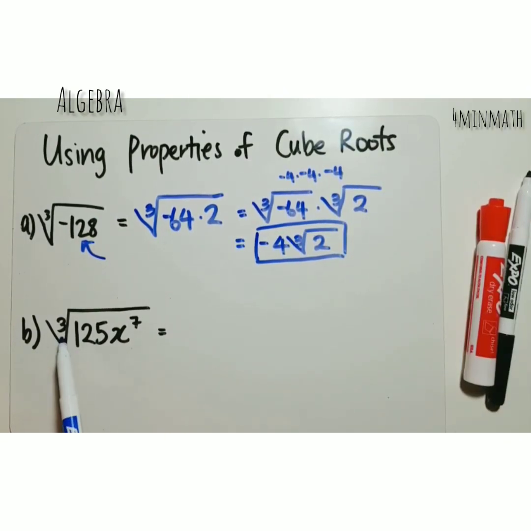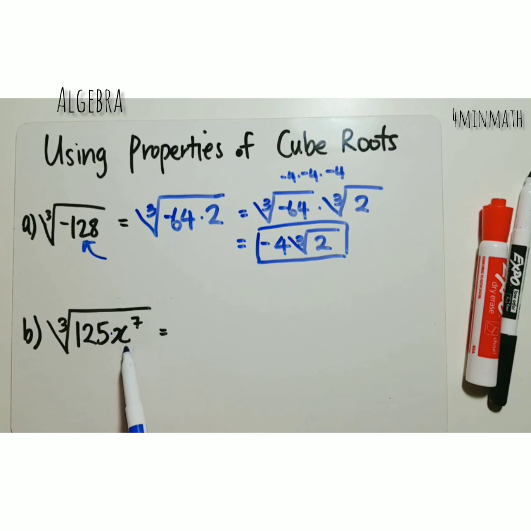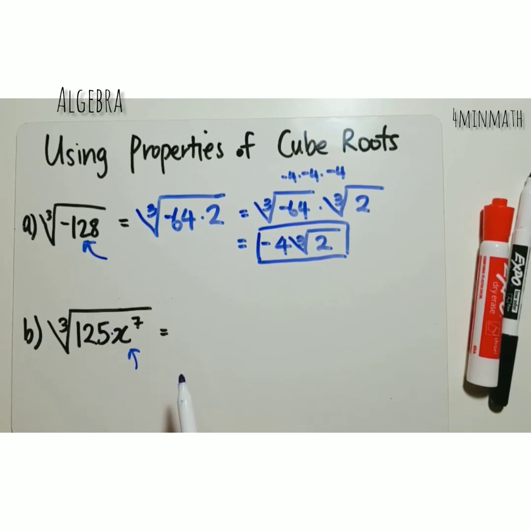Now part B, take a cube root of 125 x to the 7th power. I know that this is combined with multiplication, and I also know that I have a perfect cube of 125, so I'm going to leave that alone. Now I'm going to think about how to break this apart so that I have the factors using the greatest perfect cube factors.